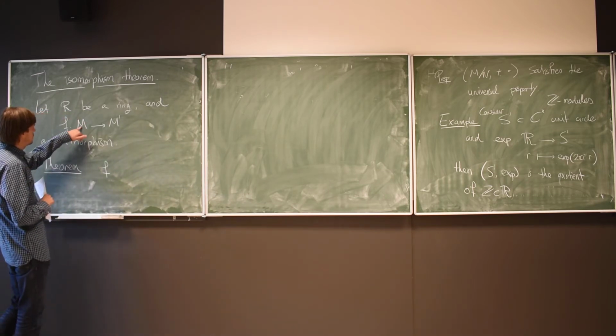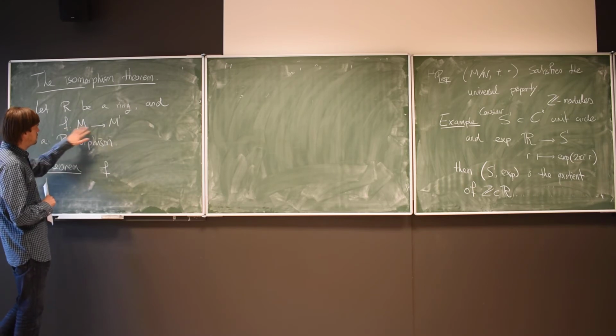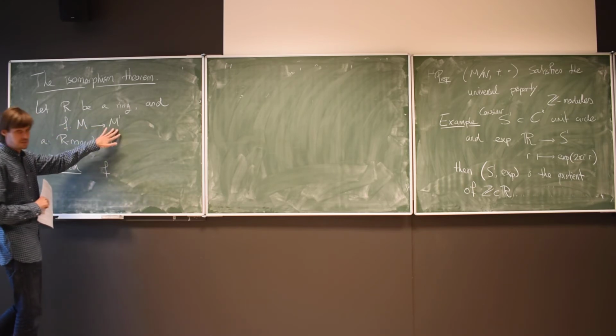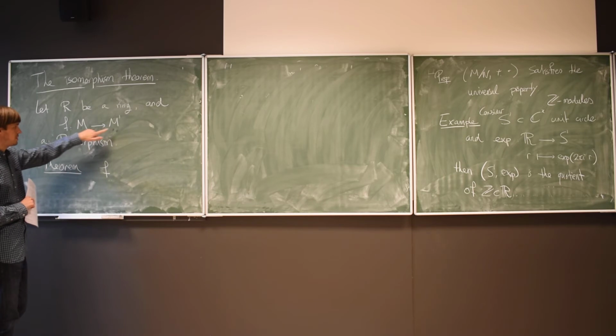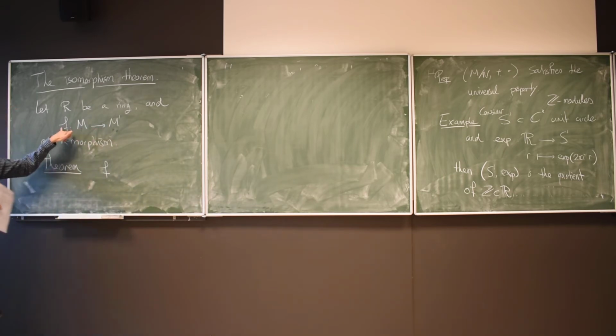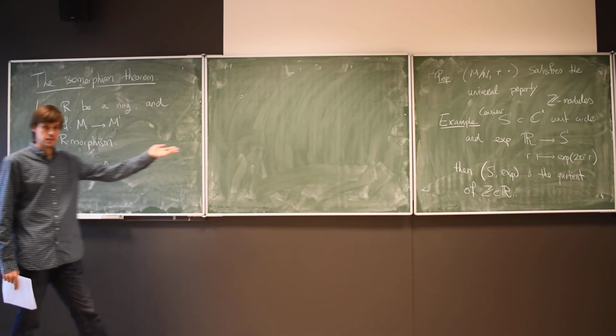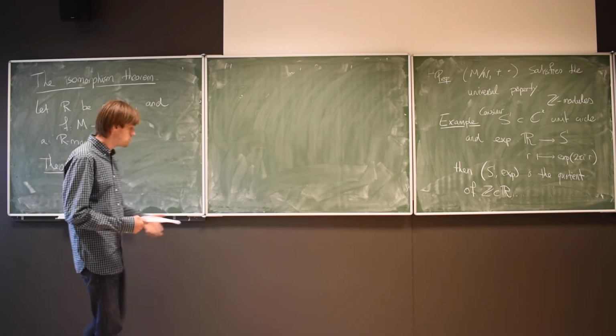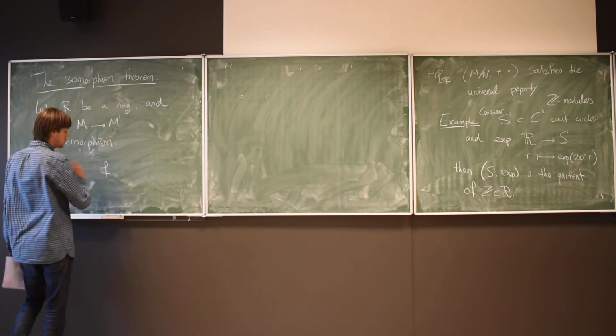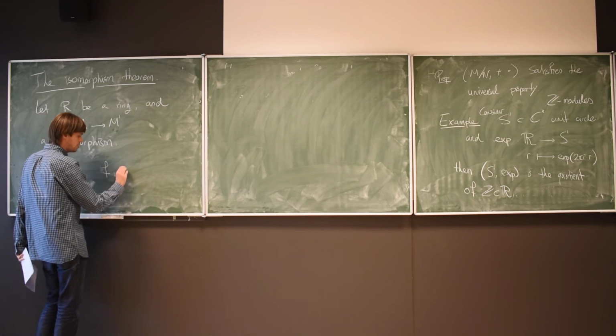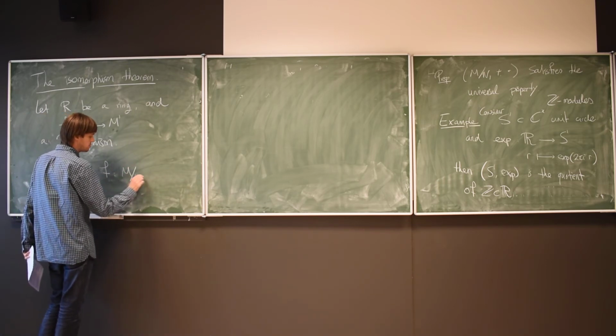So recall that when you have an R module morphism, associated to it we had the kernel of this module morphism, and that was a submodule of M. So what I can do now by this quotient is I can take the quotient of M by this kernel, and I get some induced morphism.